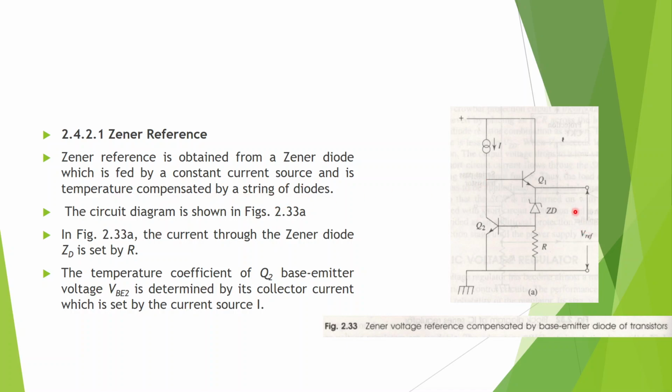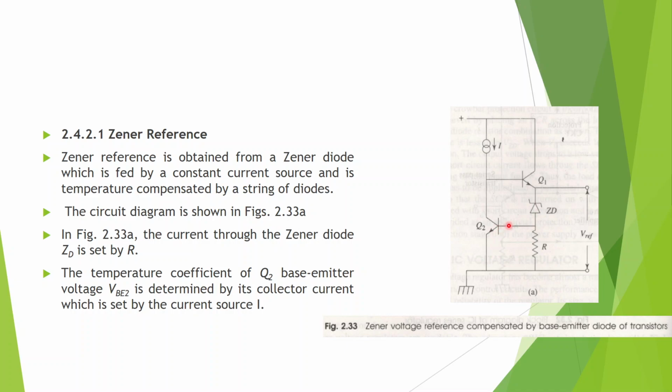Now let us look at this diagram. This symbol is a symbol of a constant current source. You have the Zener diode here. This is the resistor R, which limits the current through the Zener diode, or which sets the current which will pass through the Zener diode.